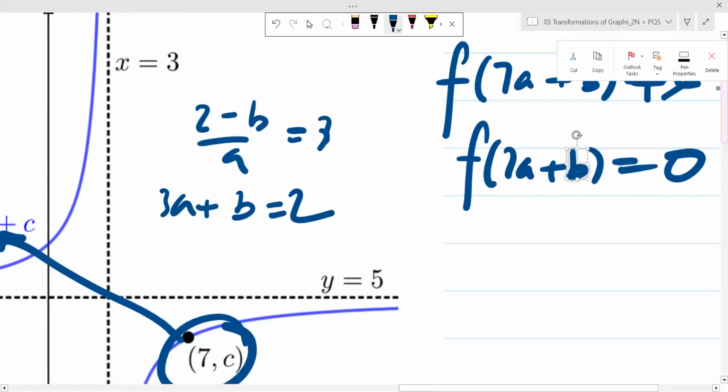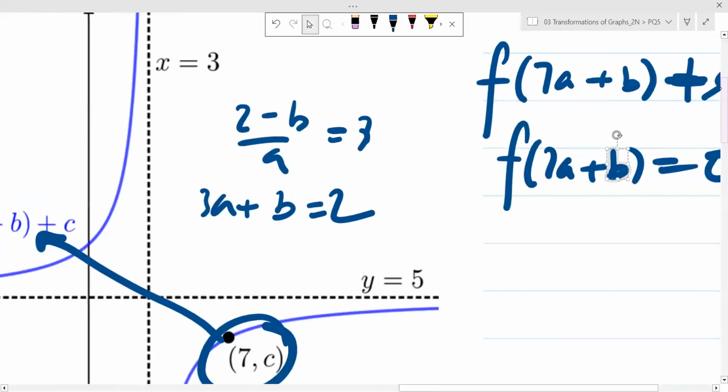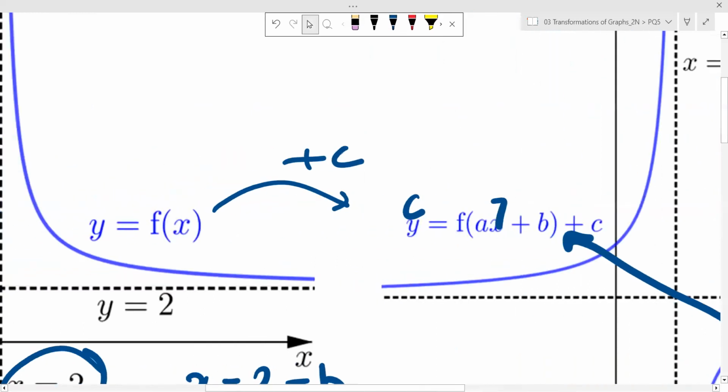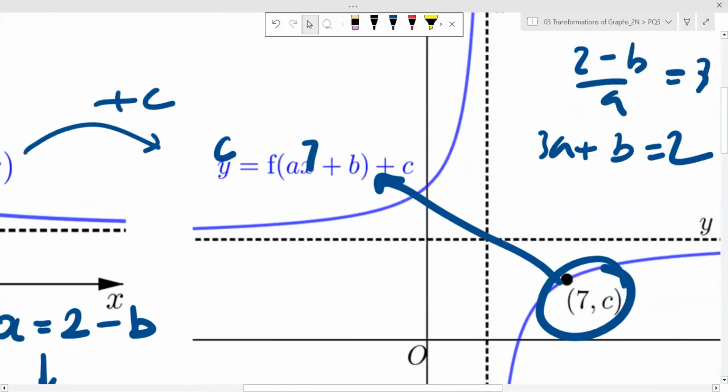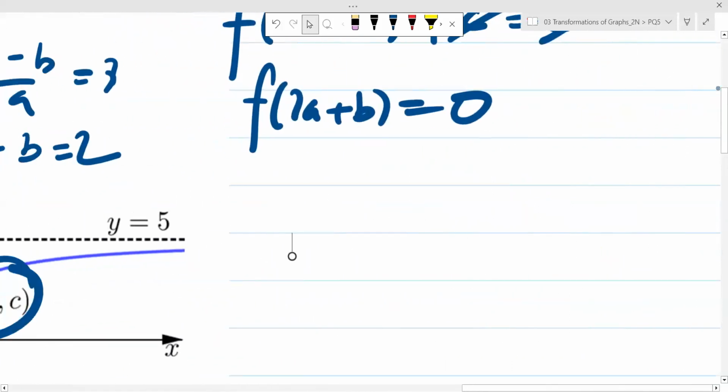Now, if f of x is 0, what is x? Look at the original graph. There's only one place, when x equals 0. So from here, 7a plus b must be 0.